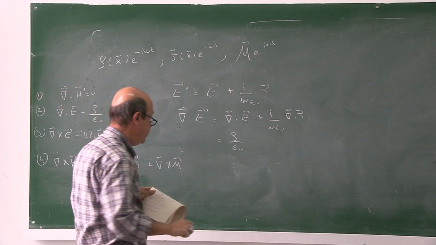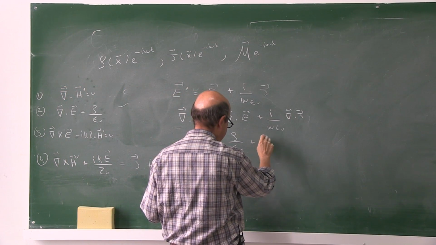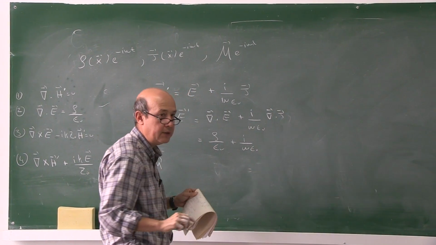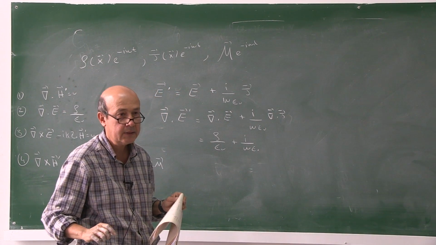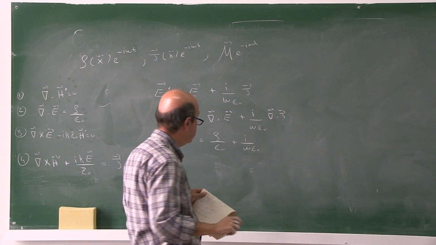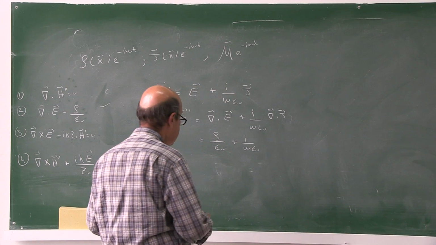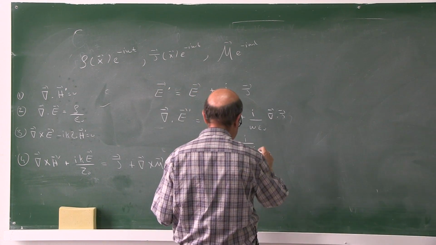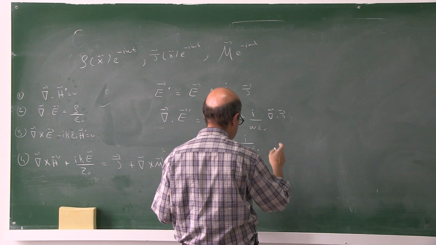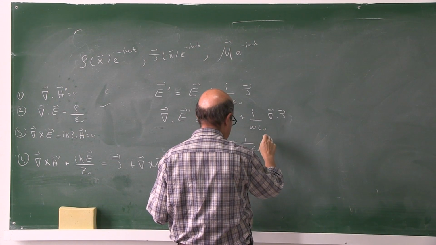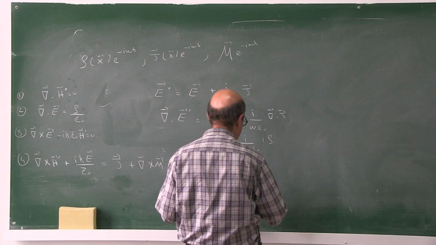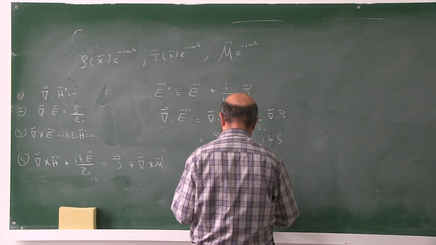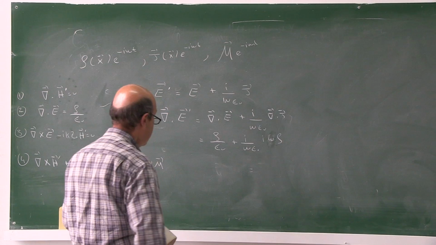And what is del dot J? From the continuity equation, del rho over del T is minus I omega rho.